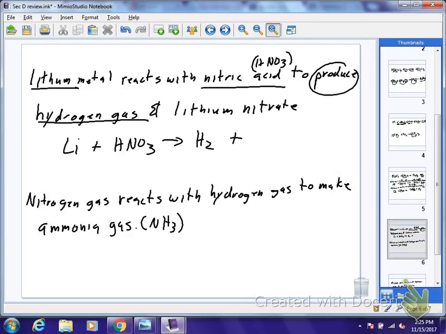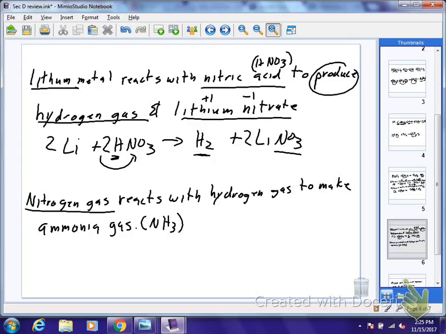And then lithium nitrate is, lithium's a +1, nitrate's a -1 on your chart. So that would be LiNO3. And so you just need to have 1 of each. So then to balance that one, you just put a 2 in front of HNO3. It balances out your hydrogens. Now we have 2 nitrates. And over here we have 1 nitrate, so we have to put a 2 in front of that. And then 2 in front of lithium. So it goes 2, 2, 1, 2.